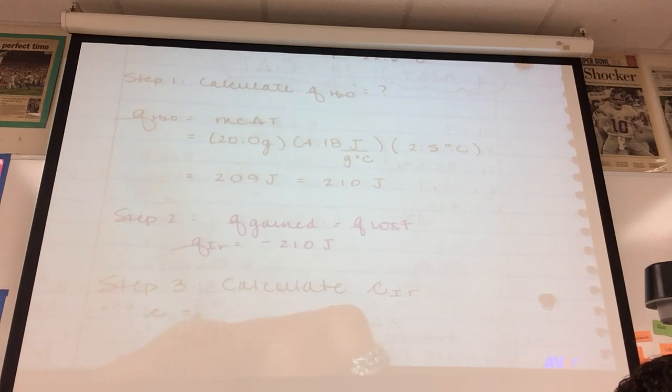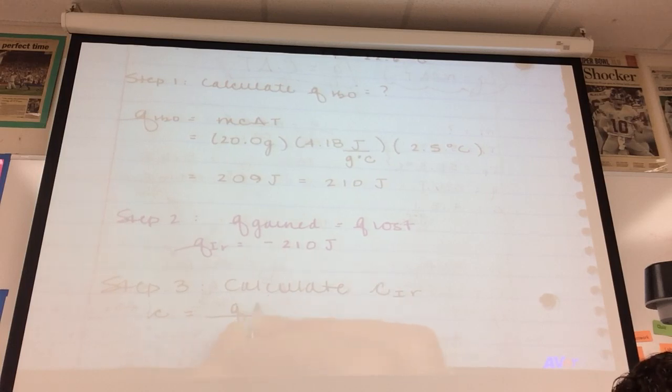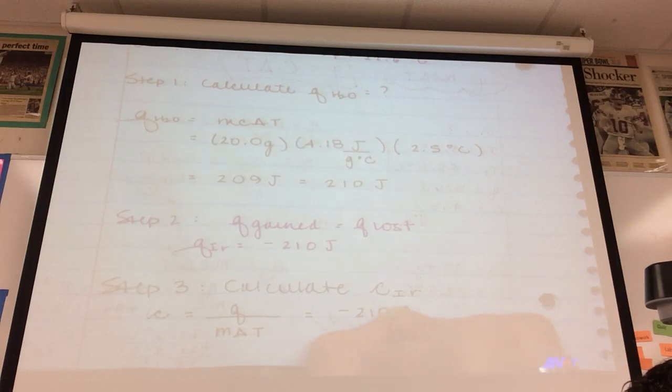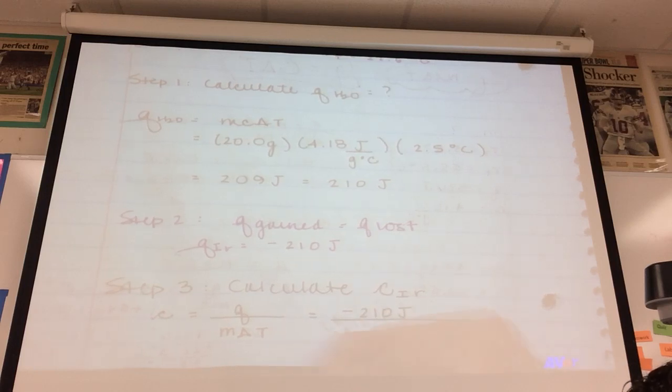So specific heat is equal to Q of the metal over M delta T, all for the iridium. Be careful, negative 210 joules. The mass of iridium is 23.9 grams.